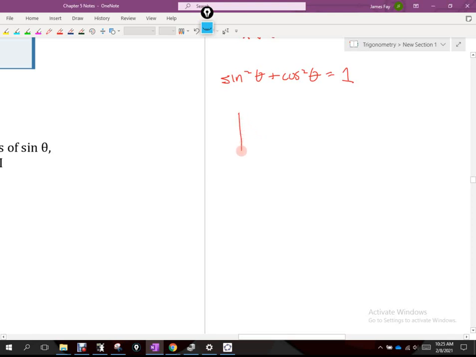If I have some theta right there, and I have this to be my point x comma y, so this is x, and that distance is y.